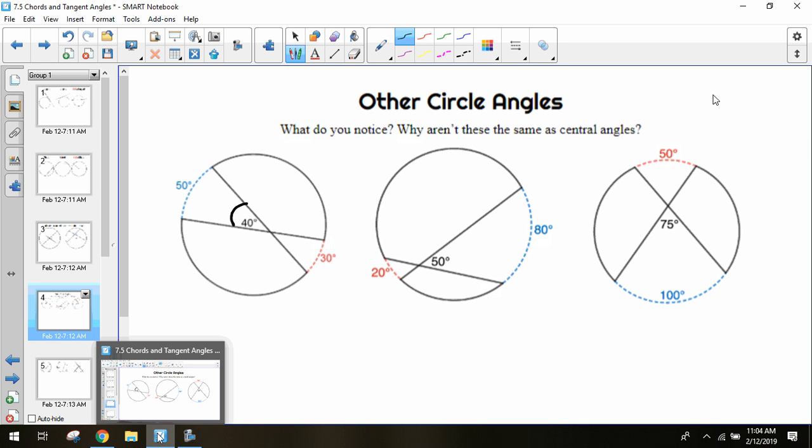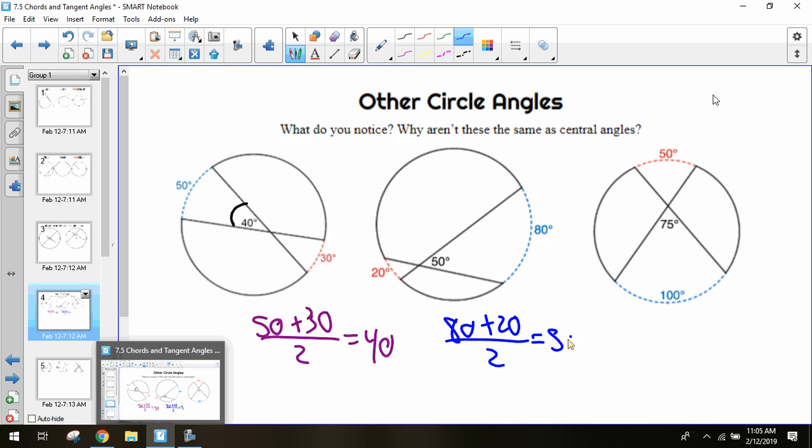How do we find the midpoint? Taking way back one. What did we do for that? Add up the x's and cut them in half. So you added them together and divided by 2, right? So we took 50 plus 30 and divided by 2. 50 plus 30 is 80, divided by 2 equals 40. 80 plus 20 is 100, divided by 2 equals 50.